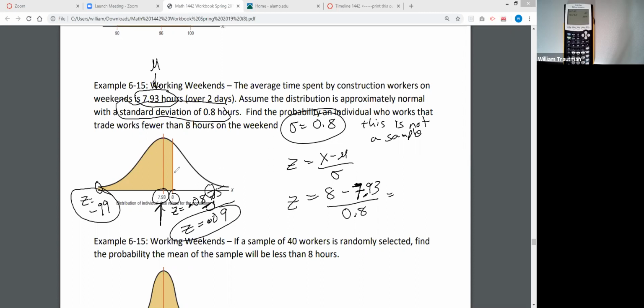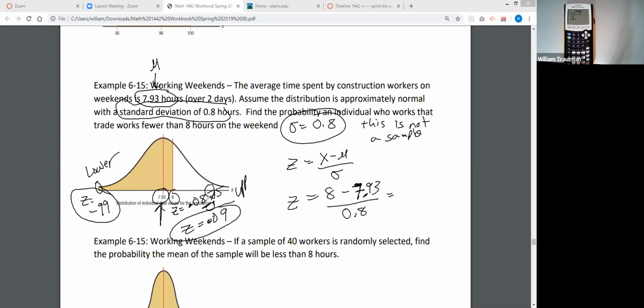So I'm going to put this in my calculator. Here's my lower, here's my upper. Second vars, number 2, lower was negative 99, the upper was 0.09.